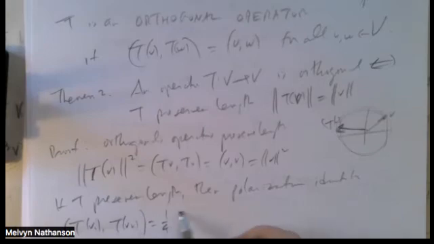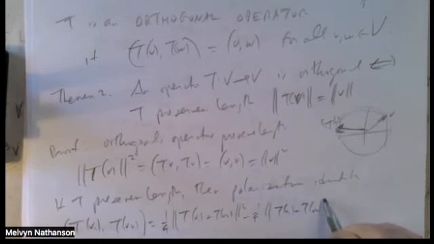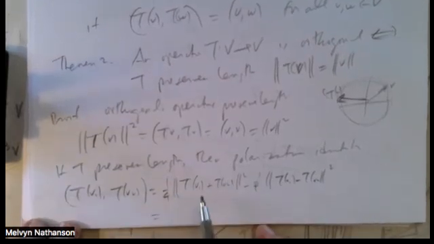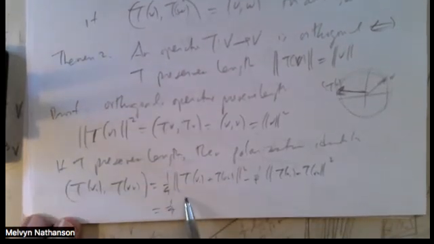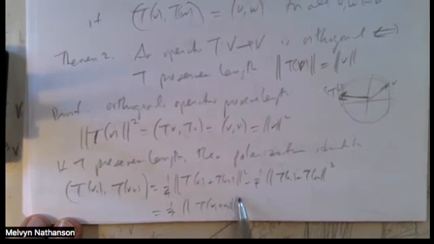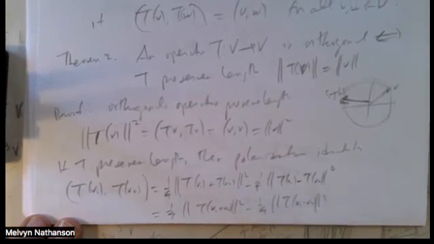It's 1/4 the length of T of v1 plus T of v2 squared minus 1/4 the length of T of v1 minus T of v2 squared, which is 1/4 the length of T of (v1 plus v2) squared minus 1/4 the length of T of (v1 minus v2) squared.